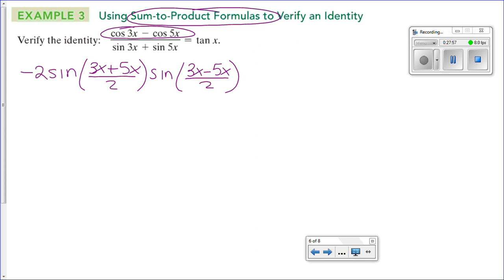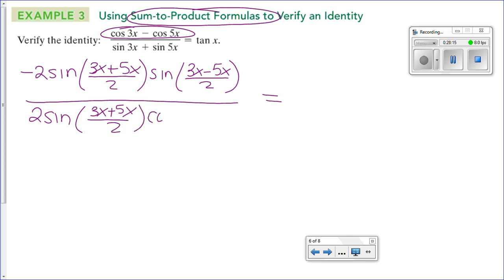Now the denominator, I'm going to be using formula number 5. So that will be 2 times the sine of 3x plus 5x over 2, multiplied by the cosine of 3x minus 5x over 2.